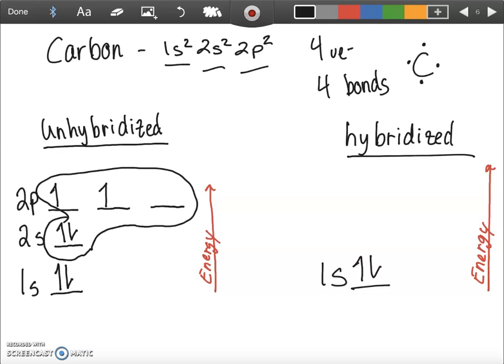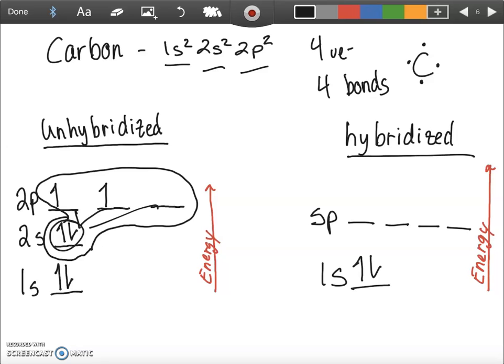So these s and p orbitals are mixing to form an sp hybrid, so that there are now 4 spaces up here, because this s orbital is mixing with these 3 p orbitals, and now we have an sp mixed hybrid orbital with 4 spaces.